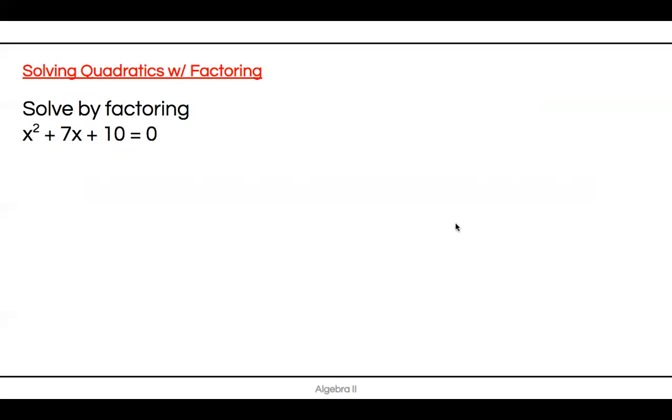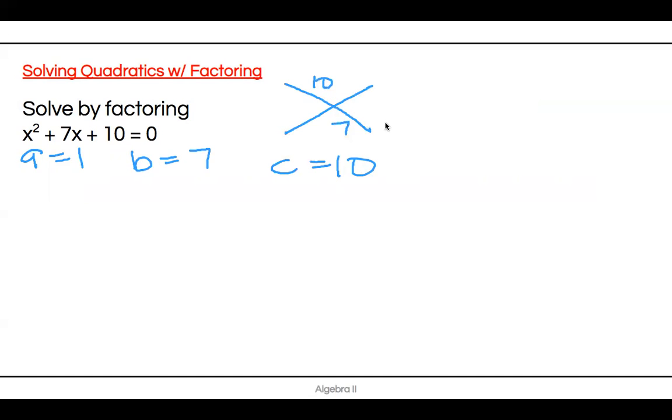So we're going to have a is equal to 1, b is equal to 7, and c is equal to 10, right? Okay, so I want to know what is going to multiply to give me 10 and add to give me 7.